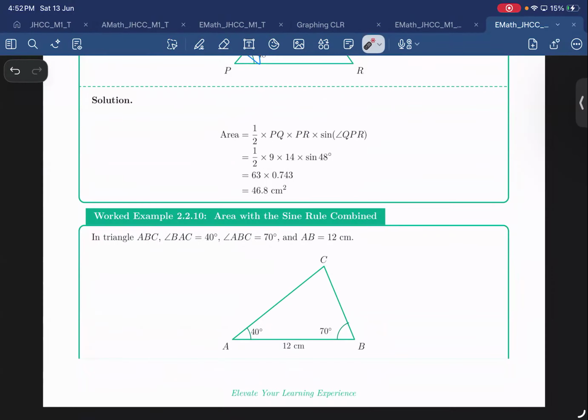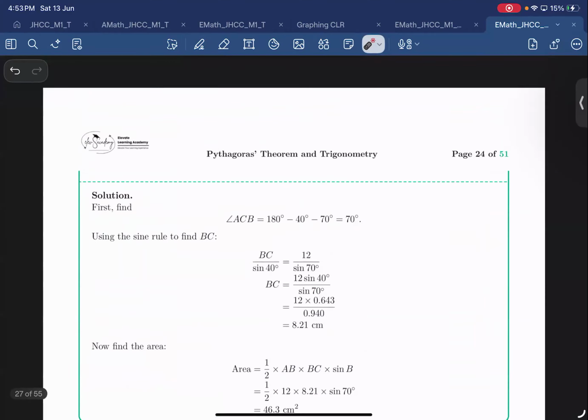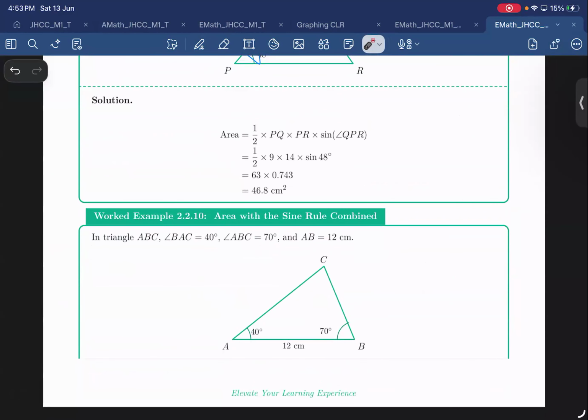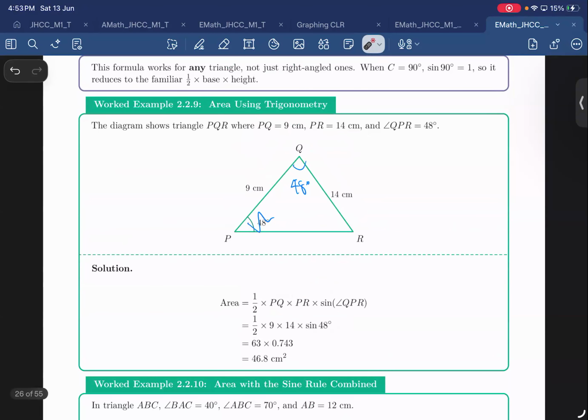Then now you're given another question. The lengths and the angles are given. So how do we find the area of this? What we need to find first is two sides, and then an angle between the two sides.